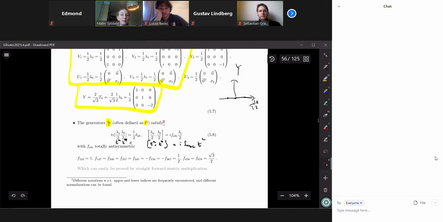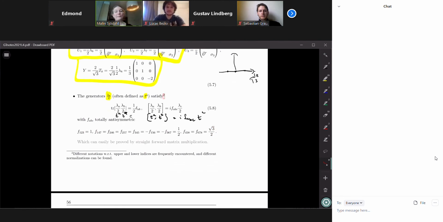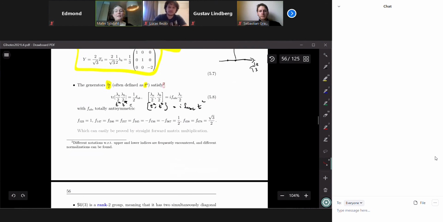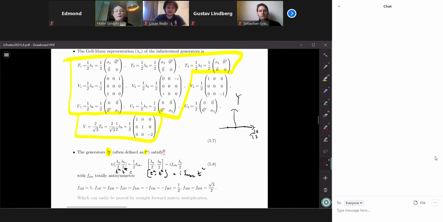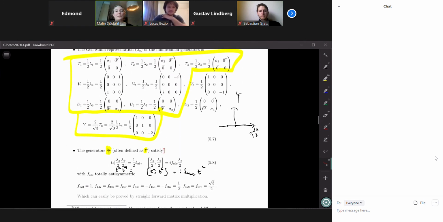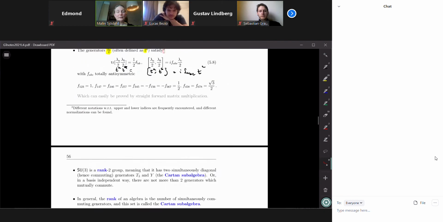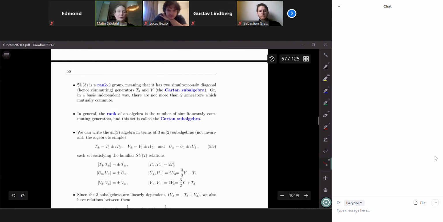So the lambda 8 also has an odd size, √3/2. Aside from a possible normalization issue, the labeling of generators is pretty standard actually, so you will most likely find it being exactly like this, apart possibly from the phi-2.